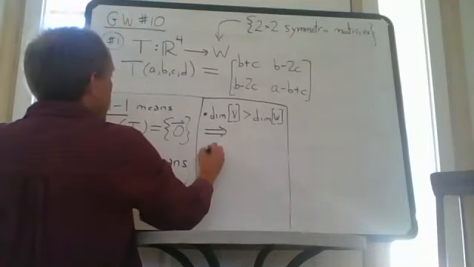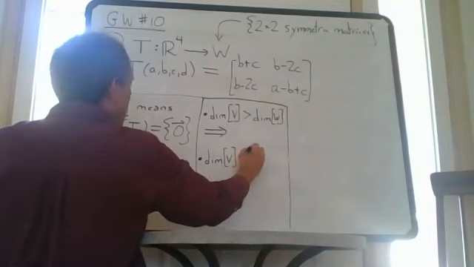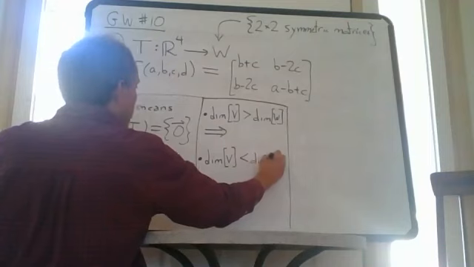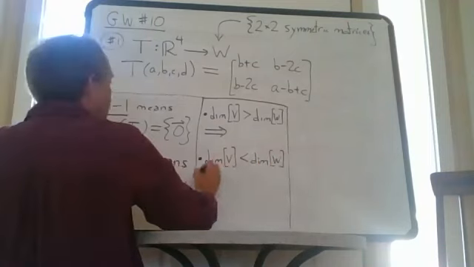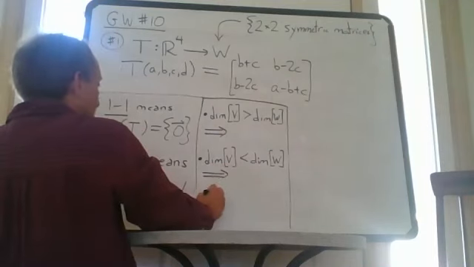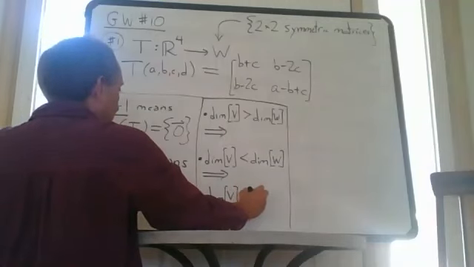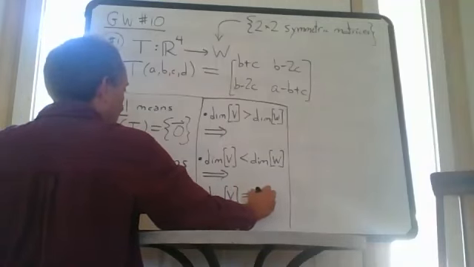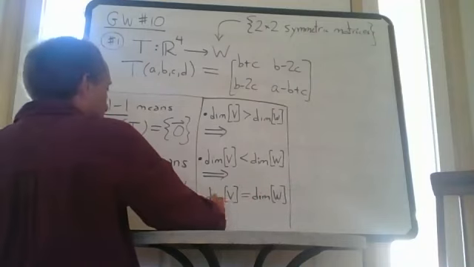Another possibility is that the dimension of V would be less than the dimension of W, and that would tell us something. I'm going to come back and fill this in a minute. And then the last case would be that the dimensions are actually the same. So the dimension of V might be equal to the dimension of W.